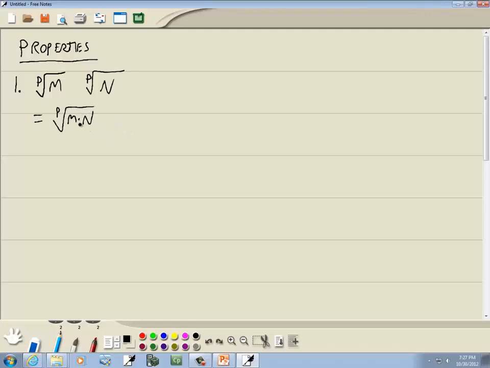You can also go the other direction. If you have this, you can split it into two separate radicals.